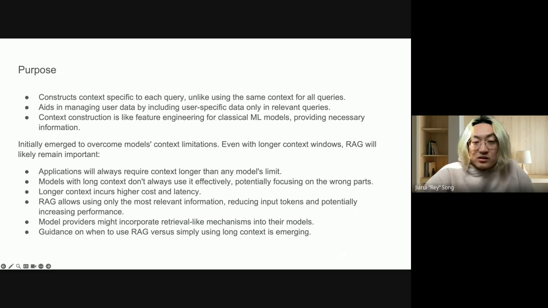Also, longer context leads to increased costs and latency. RAG focuses the model on only the most relevant information, reducing input tokens and potentially improving performance. Interestingly, model providers might even integrate retrieval-like mechanisms into their own architecture. And lastly, guidance is starting to appear on when it's more appropriate to use RAG versus simply using long context windows.